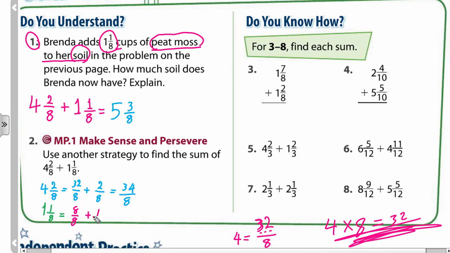Plus the 1/8 that we have, so 1 and 1/8 is equivalent to 9/8. Now let's use the two new fractions: 34/8 plus 9/8. And Ibrahim, how many eighths do we have now in all?